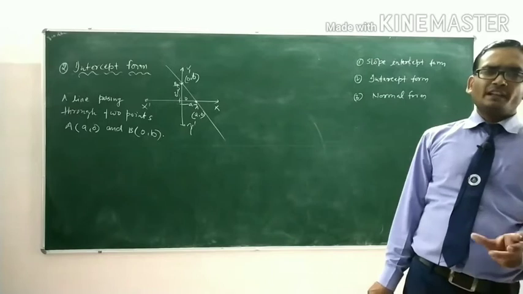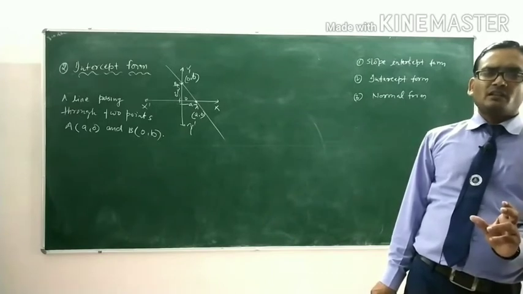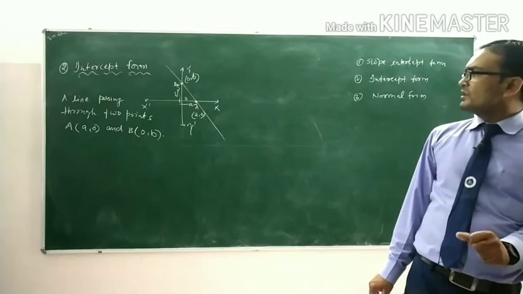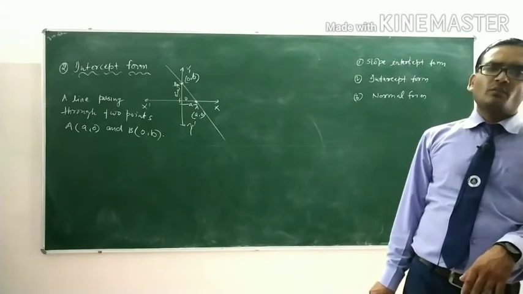If the y intercept of the line is B, then the coordinate of point B is 0 comma B.